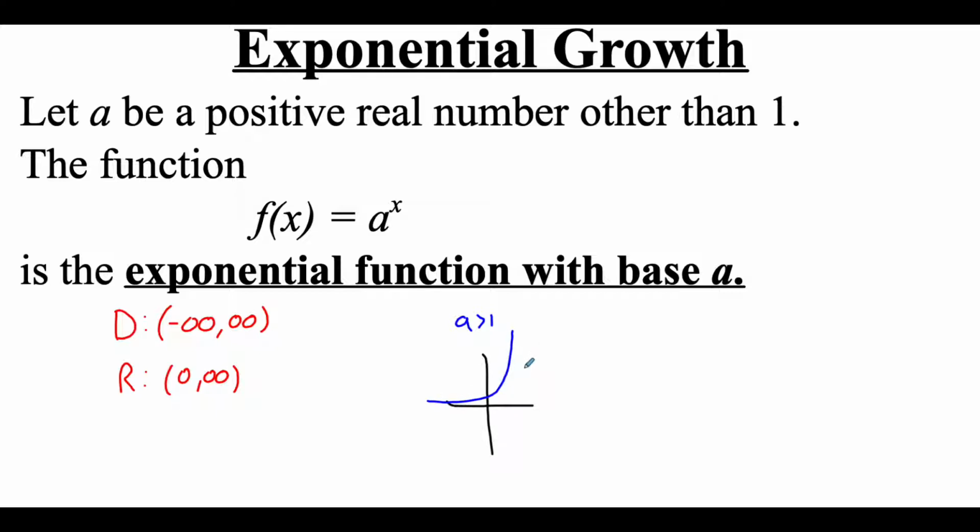Some people like to call this a J curve, because the graph kind of looks like the letter J. Now, if we change that a value slightly, so we've got numbers that are bigger than 1, but let's say that we had some number that was between 0 and 1, then what that's going to do is horizontally flip this graph around the y-axis. Some people call this an L curve.